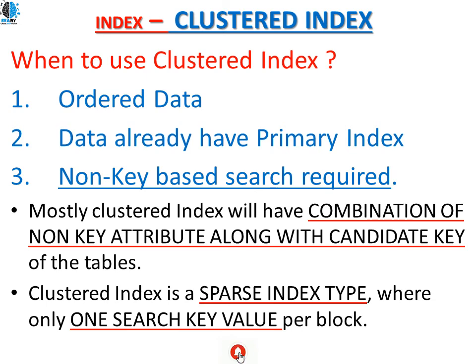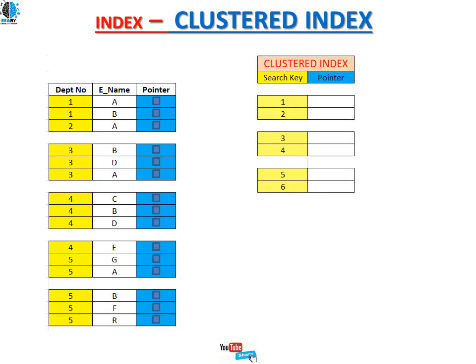So let's see this. I have data here: two tables, a cluster index and a table. In the table, you can see department number, department name, and a pointer. I have 5 blocks, and in each block I have three records.